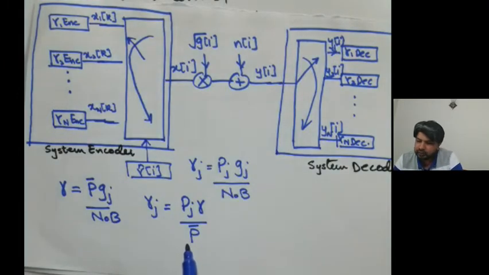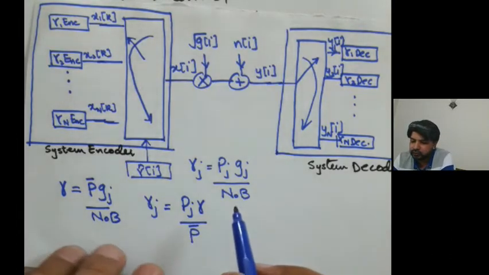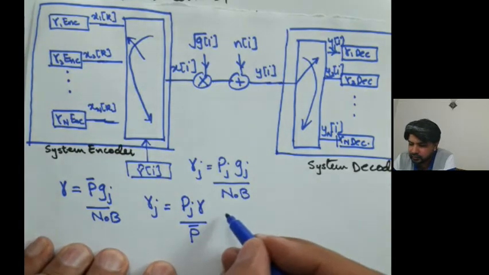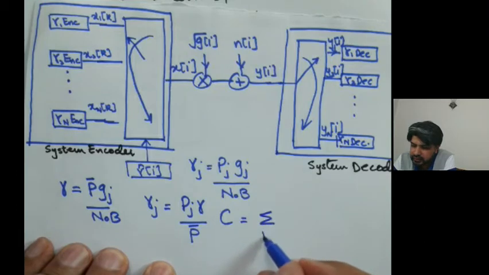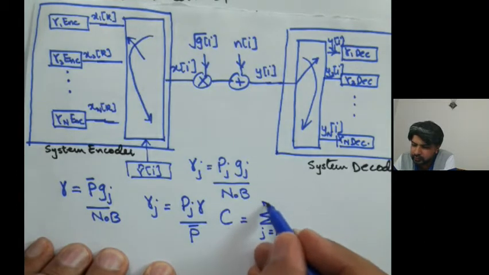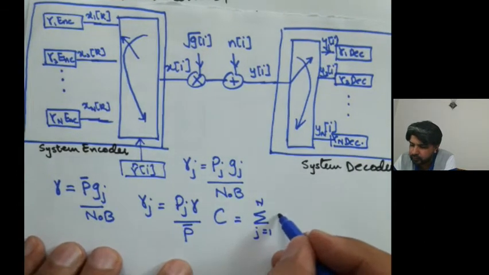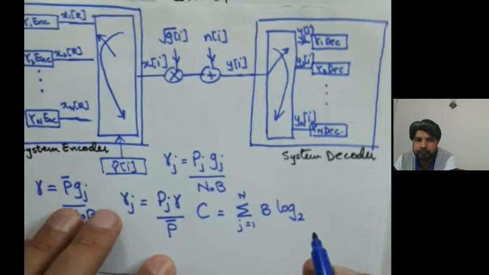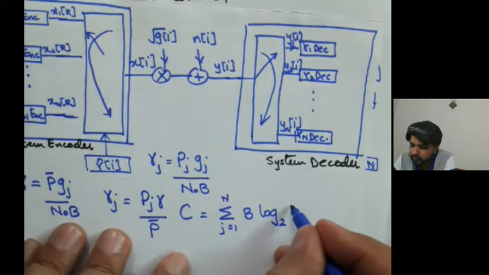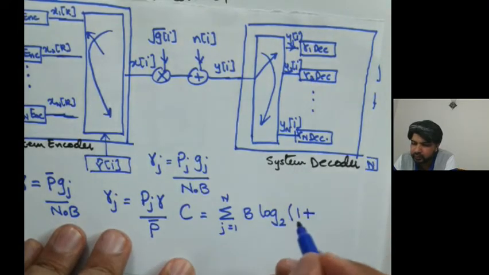And now under this condition, what would be the total capacity of the channel? So now we can define the capacity C to be equals to summation j equals 1 to n, B log base 2 of 1 plus the signal to noise ratio.